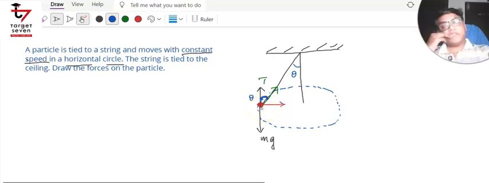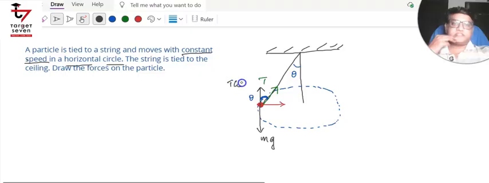Now, if this angle here is theta, this component here can be written as T cos theta.